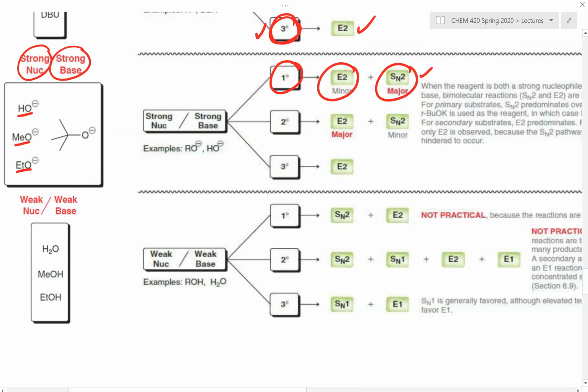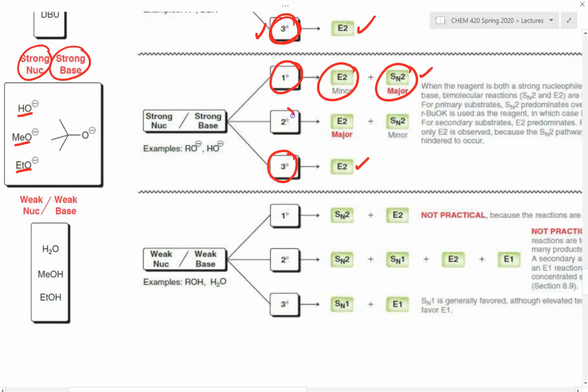And if we were to have a tertiary substrate, and now our reagent is both a strong base and a strong nucleophile, it would be pretty difficult for the reagent to come in and attack this tertiary substrate directly. So therefore, we'll not be able to see the SN2 reaction. But in this case, the major reaction would be the E2 products.